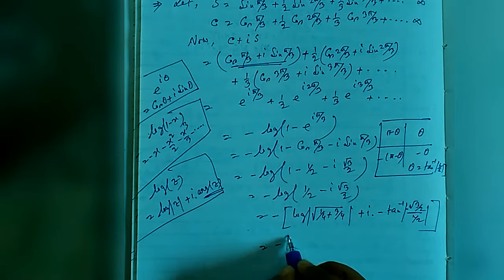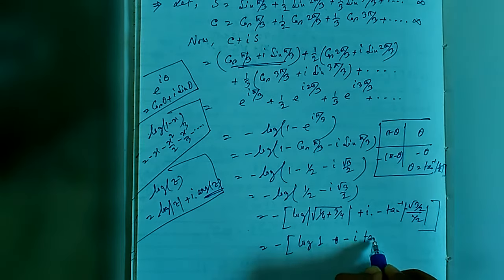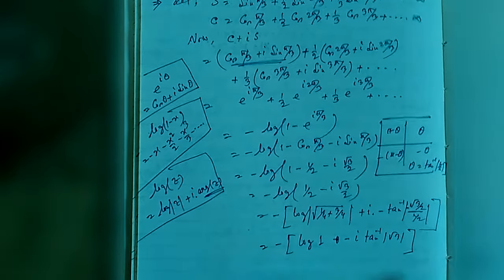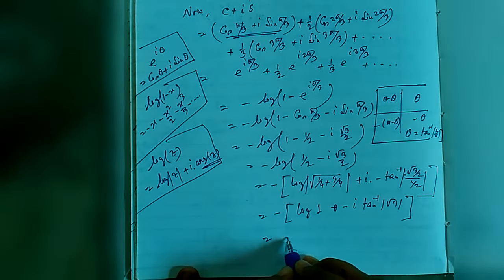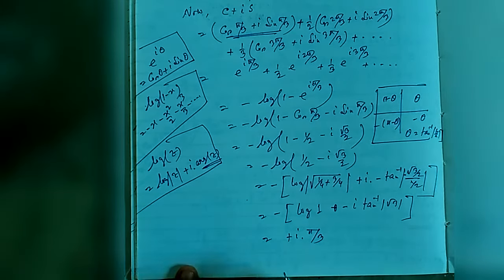So this equal to minus of log of 1 plus minus i of tan inverse root 3. So this equal to minus of plus into tan inverse root 3, which means pi by 3.